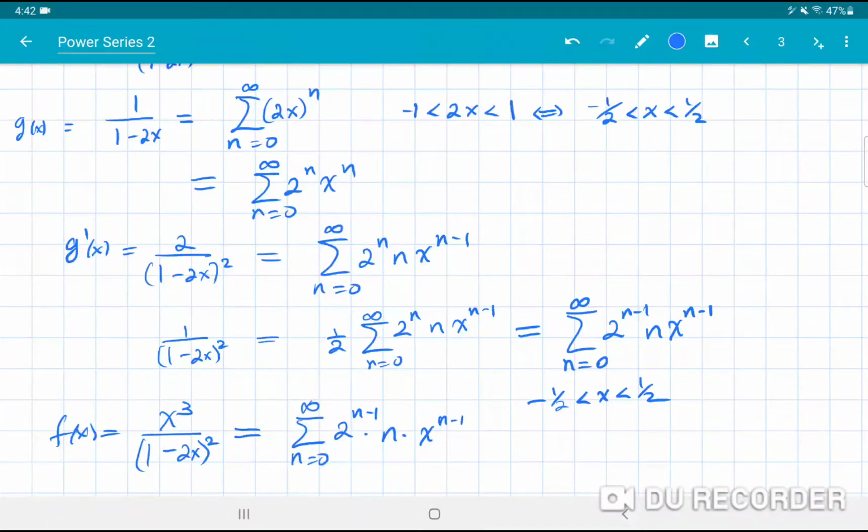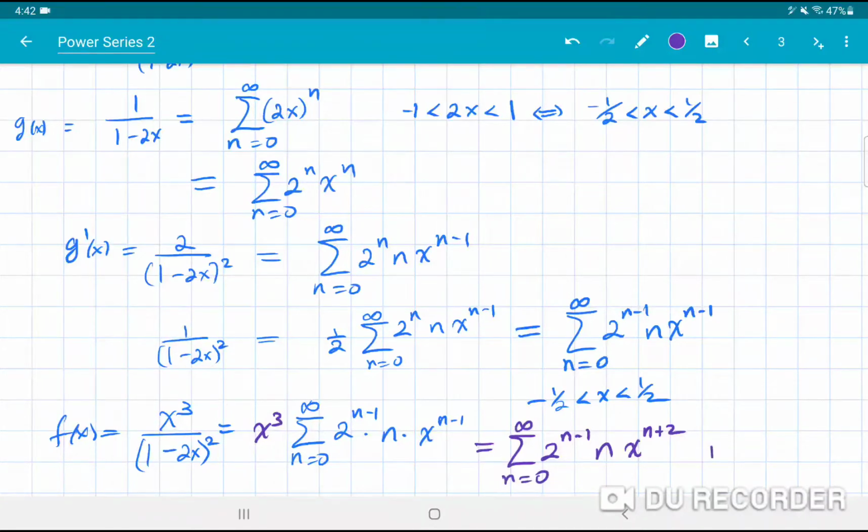Or let me do this. I'm going to put the x cubed here up front. But that's not the right way of putting a power series. So I'm going to slide the x cubed in and multiply it with this x to the power of n minus 1. So that will give me 2 to the power of n minus 1 times n times x to the power of n plus 2, from 0 to infinity.